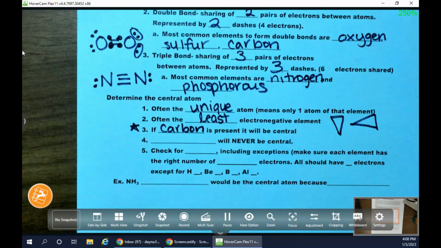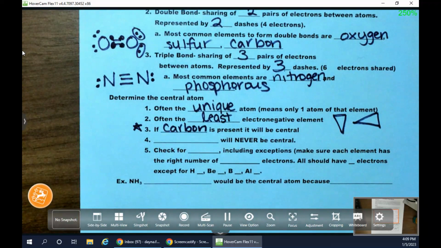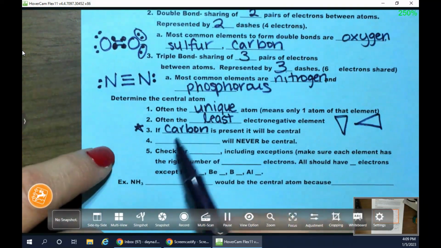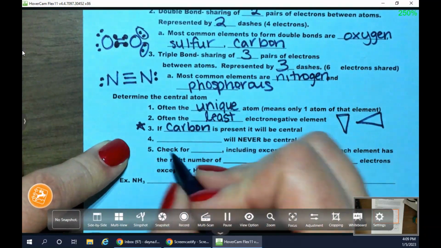So carbon bonds with everybody. That's why it's part of our biomolecules, a lot of those different things that you might have learned in biology year. Carbon is everywhere, all right? So carbon and silicon with the plus minus 4 idea, they will have different types of bonds and they will bond with everyone. So that's a good one to rely on.